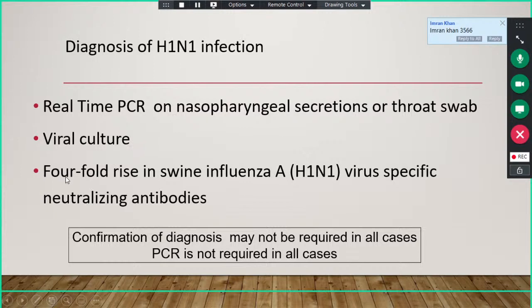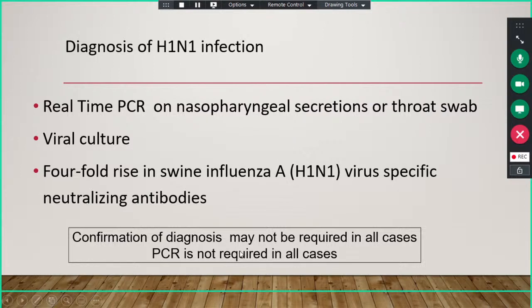And the third one is a fourfold rise in swine influenza specific neutralizing antibodies. But these two, viral culture and the fourfold increase in neutralizing antibodies, are not being used for making a diagnosis. We are dependent on RT-PCR.